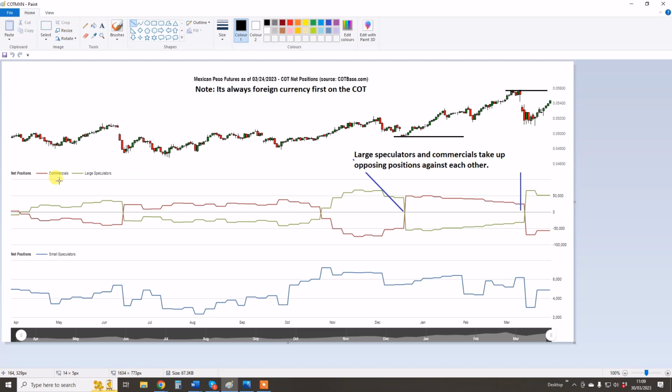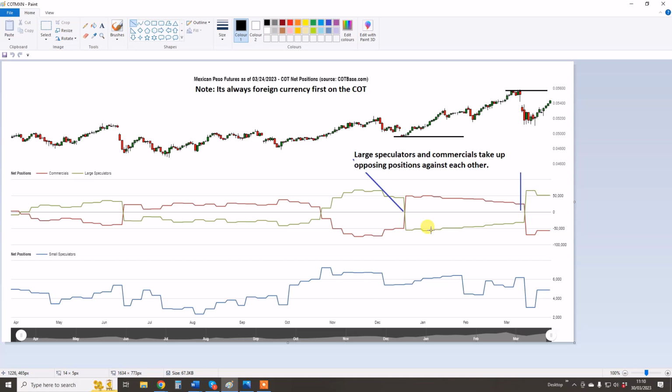How you can use this tool is look for big divergence between the speculators and the commercials. Speculators can be right about long-term trends, but they historically are wrong at turning points when the commercials go heavily against them.